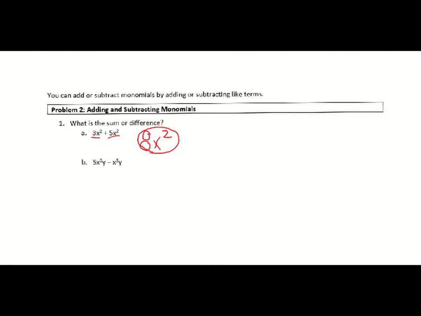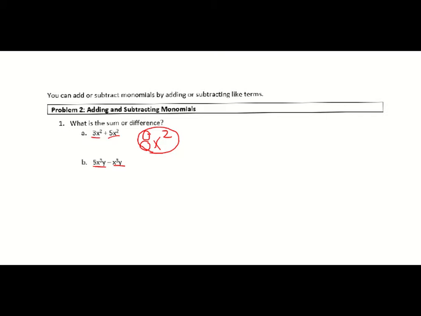If we look at part B, 5x cubed y minus x cubed y. We can subtract these as long as they are like terms. So again, like terms means they have the exact same variables. So the first one has x cubed y, and the second term has x cubed y. So since the variables are exactly the same, I'm going to combine the coefficients and figure out what the result is.